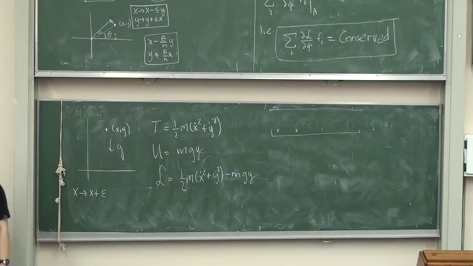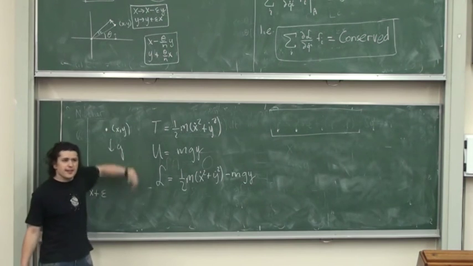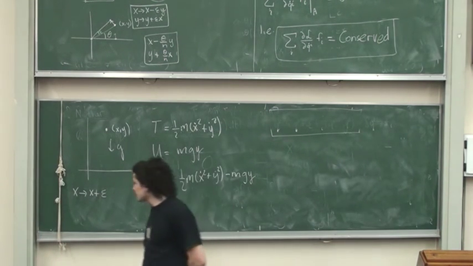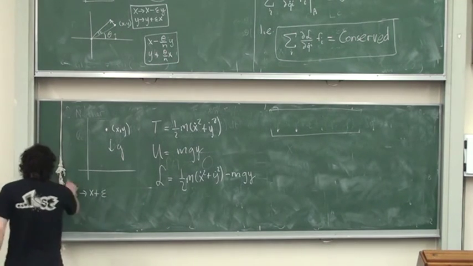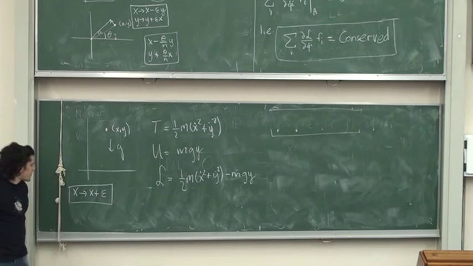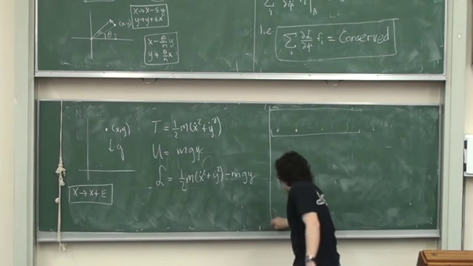That kind of makes sense. If I drop it from here, or if I drop it from here, we expect it to fall in the same way. So this thing here is invariant. It has this symmetry. So let's find out what that means.